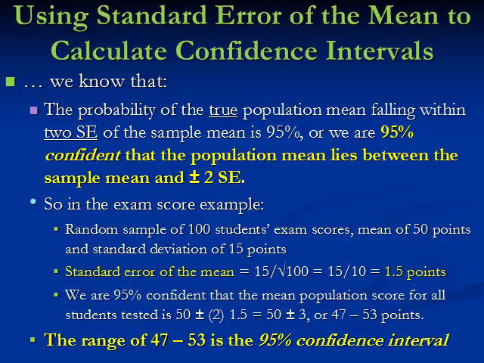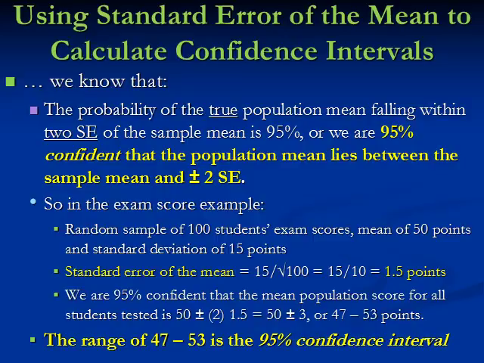So that's a pretty easy calculation, right? Remember, we're still using our same 1.5 standard error of the mean, and we need to take that times 2, right? Because we're going up and down 2 standard errors. So 2 times 1.5, you see down here, is 3.